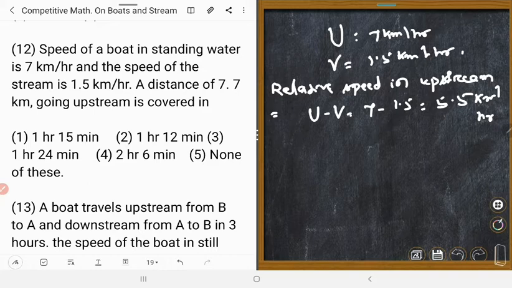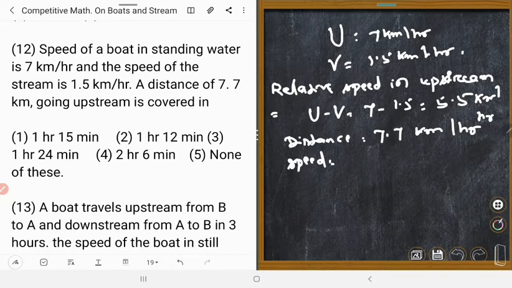Per hour. The distance we are asked to calculate time. Could you understand? Time is equal to what? Distance is given, distance is equal to 7.7 kilometer. Speed is equal to 5.5 kilometer per hour.